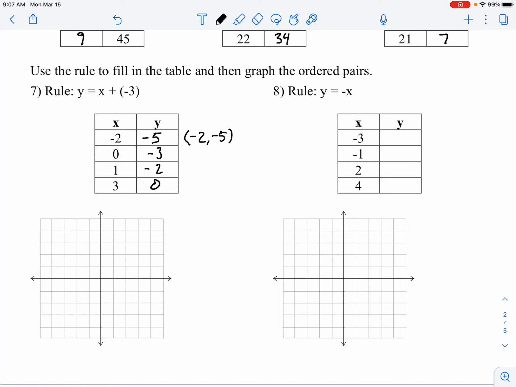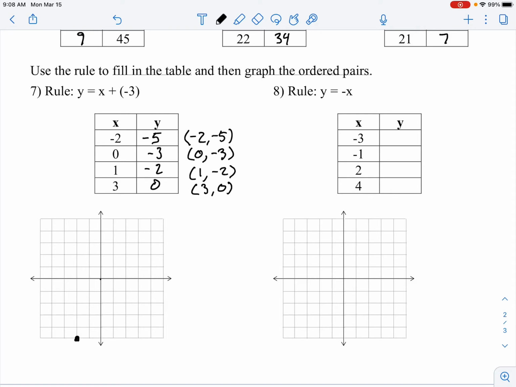So remember, these are x, y coordinates here that we can plot. 3, 0. So we've got negative 2, negative 1, 2, 3, 4. That's going to go there. Remember, the first number in our coordinate pair is always horizontal, the second is always vertical.